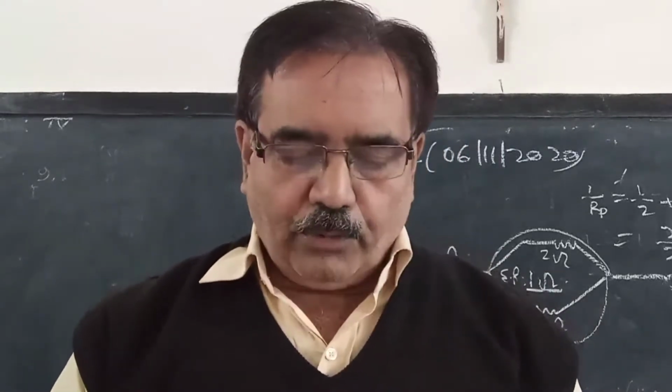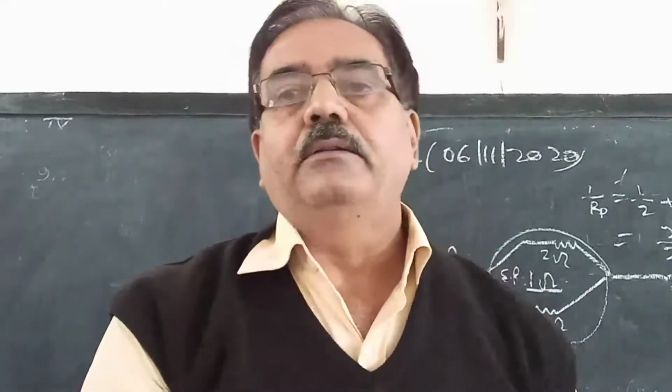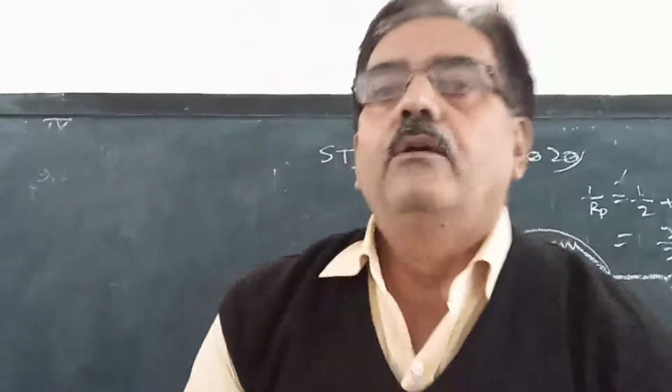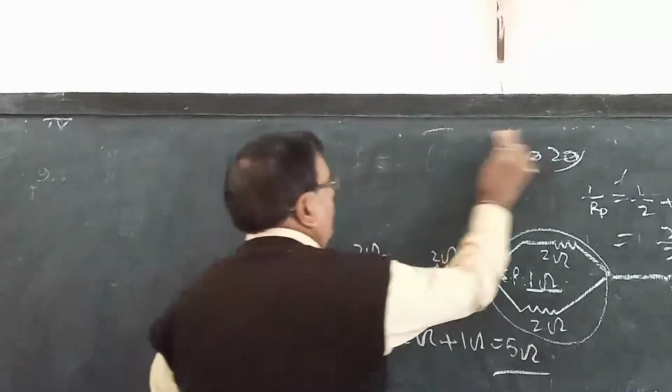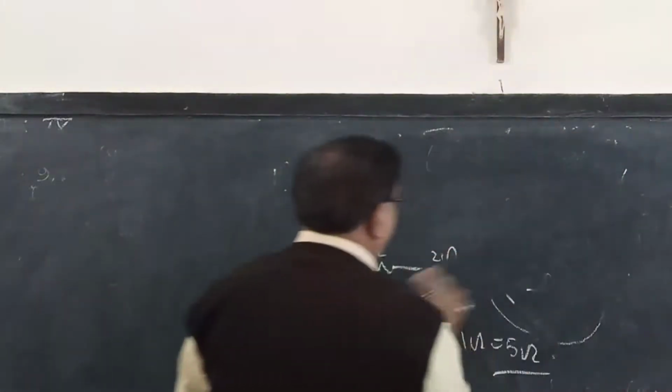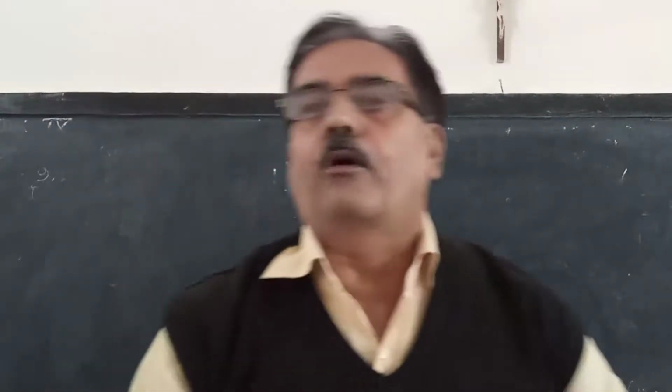Some more questions I will solve next day. But the only thing you have to keep in mind is one point positive and the other negative, but don't write it in your copy. It is not mentioned in the question which is the positive or negative terminal; it is for your ease.